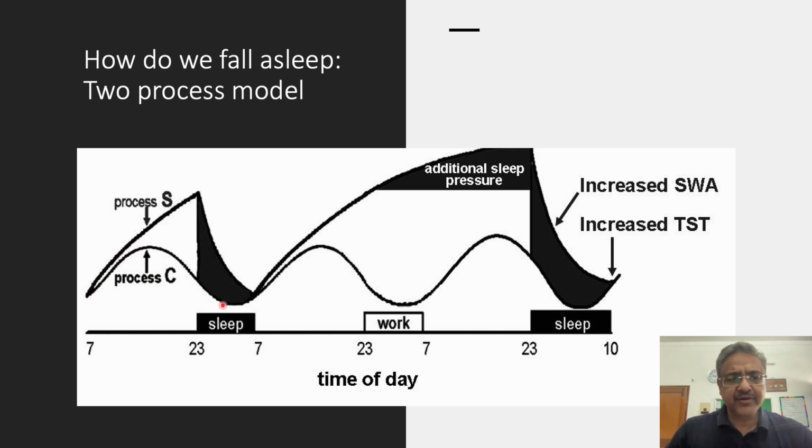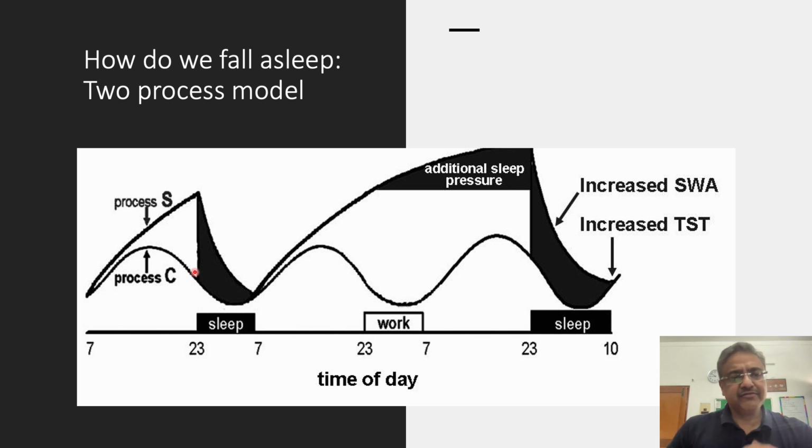So this is basically the process. C is the circadian process, as you can see here. As the name suggests, it alters throughout a day, and this process C decides what is the time to fall asleep and what is the time to stay awake. Because of this process C, there is secretion of melatonin during the dark in humans, because we are a diurnal species.